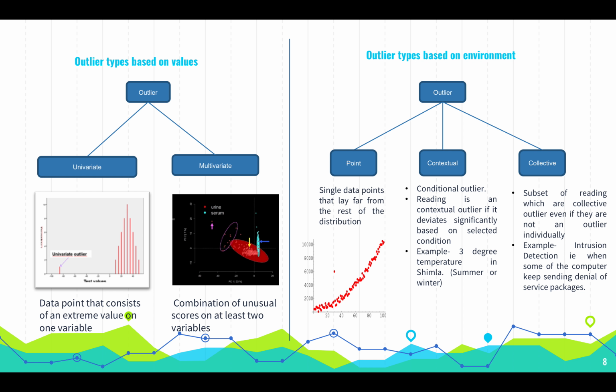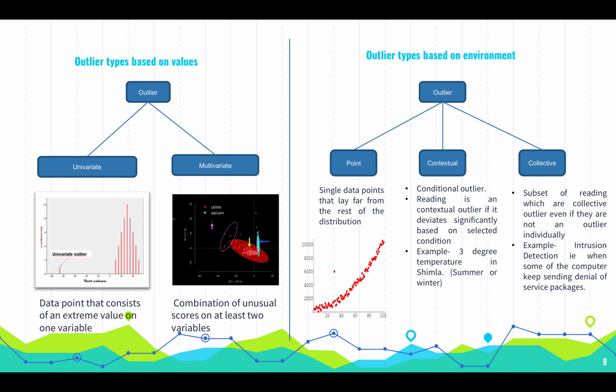But somebody who knows about India would say no, it's a hill station. There's a probability that the temperature was recorded in winter, and that is why this is not an outlier.